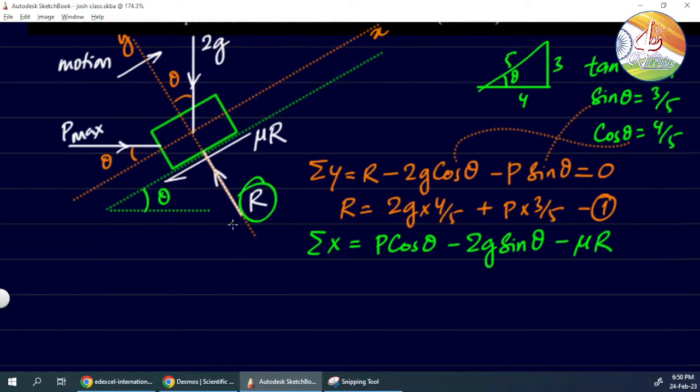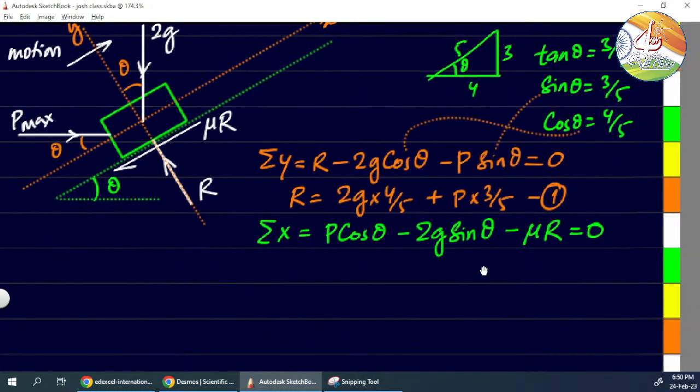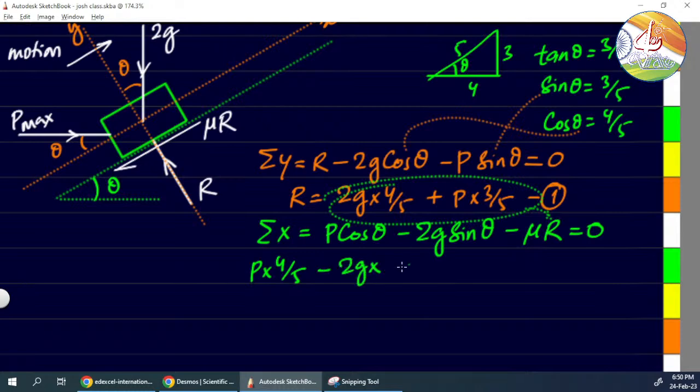R is in the y direction, so it won't have any x components. The total should be 0 because it is in equilibrium. Now substitute the equation of R here. We get P cos theta, cos theta is 4/5, minus 2g sine theta, sine theta is 3/5, minus mu.